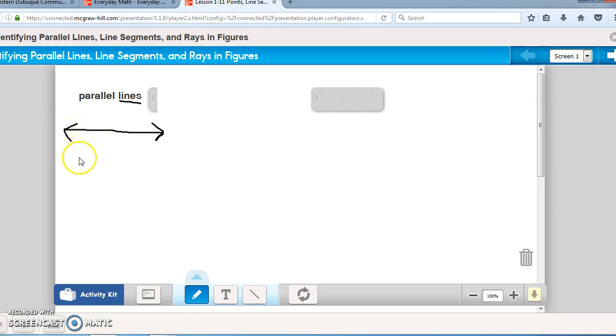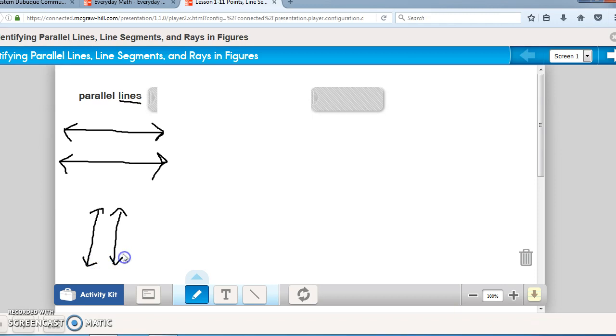Parallel lines mean that there's two lines that are never, ever going to intersect. Sorry for my drawing, but they usually are side by side. If you look at our room, you'll notice on our walls, the little square shapes have parallel lines that go horizontal, and they also have lines that go vertical.